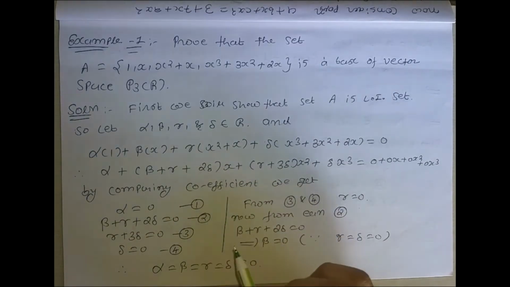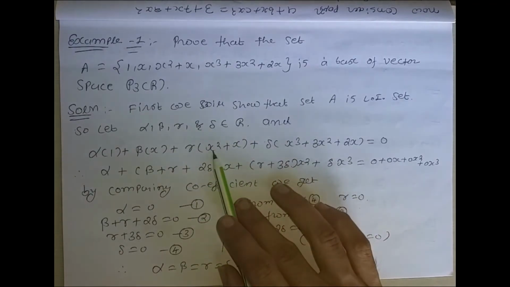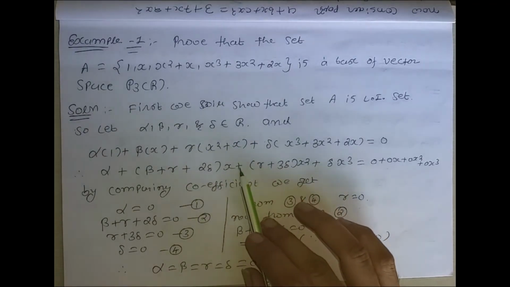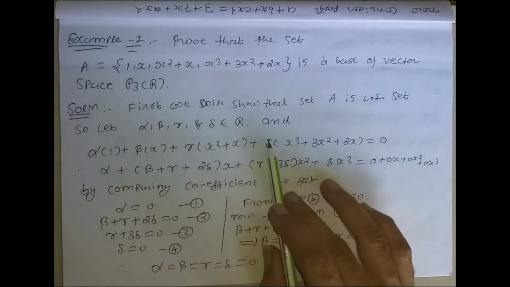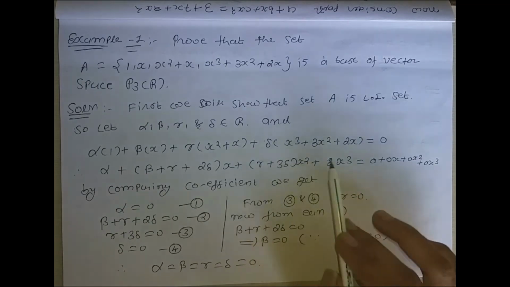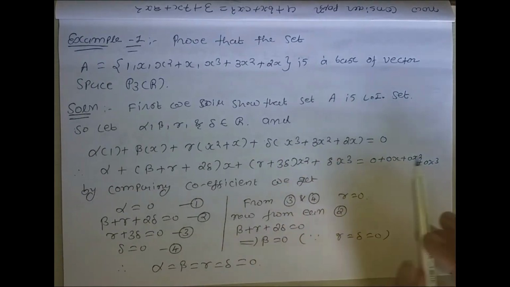Now the coefficient of x square is gamma plus 3 delta. Now the coefficient of x cube is delta only.